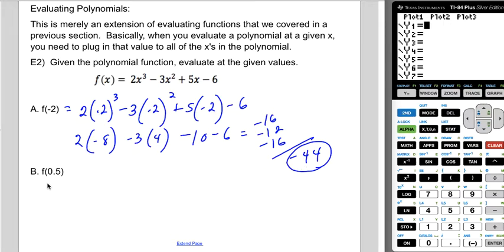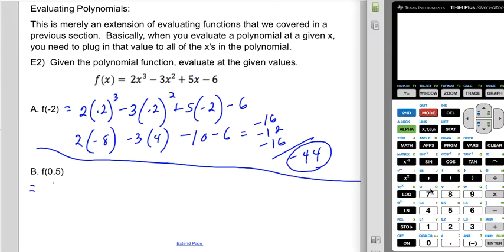All right. If I plug in f of 0.5, and I kind of strayed a little bit, but again, you could totally use a calculator to do this if you want, right? It would be fine to do 2 times this negative 2 cubed minus 3 times a negative 2 squared plus a 5 times a negative 2 minus a 6.